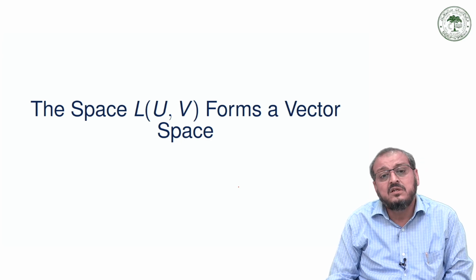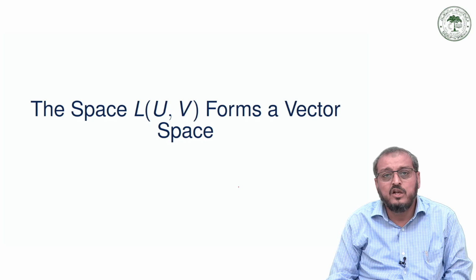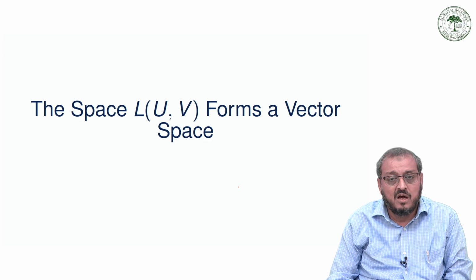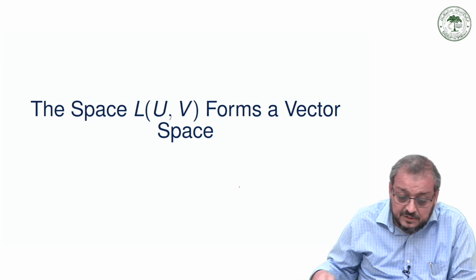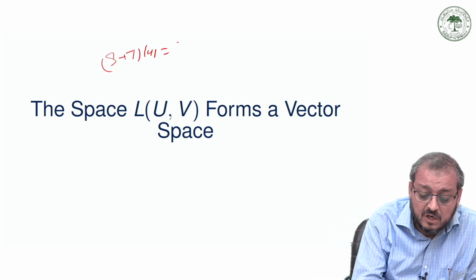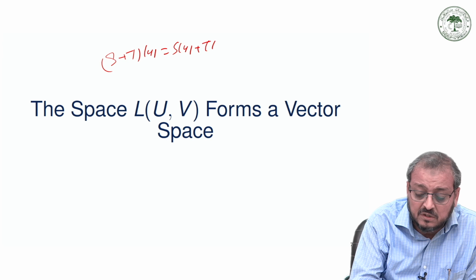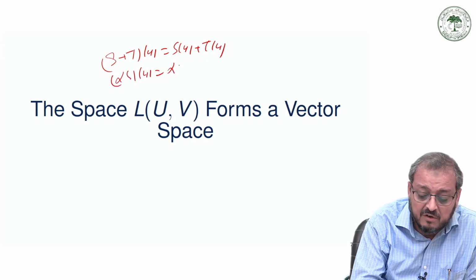In this class, as I mentioned in the last class, this space L(U,V), the collection of all linear transformations, forms a vector space under the binary operation addition. We defined the sum in the last class as (S plus T) of u is equal to S of u plus T of u, and alpha times S of u is defined as alpha times (S of u).